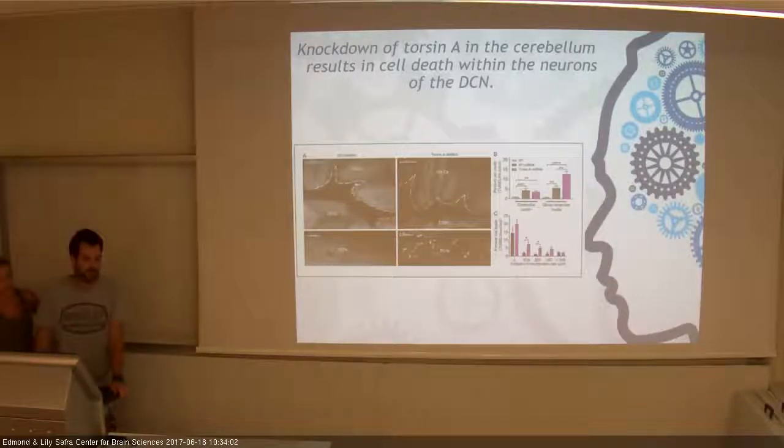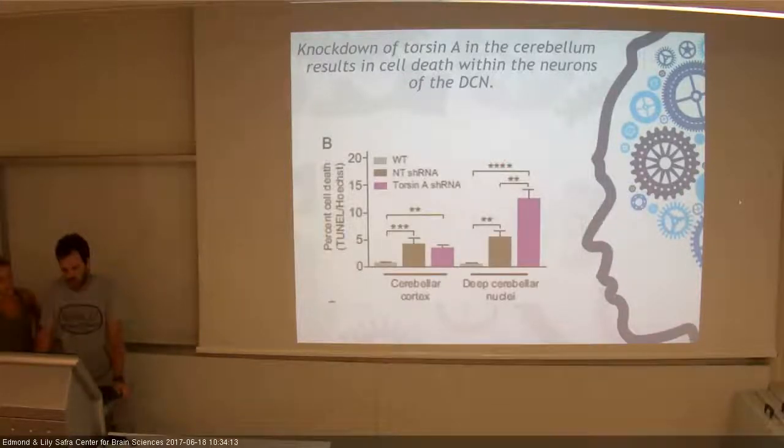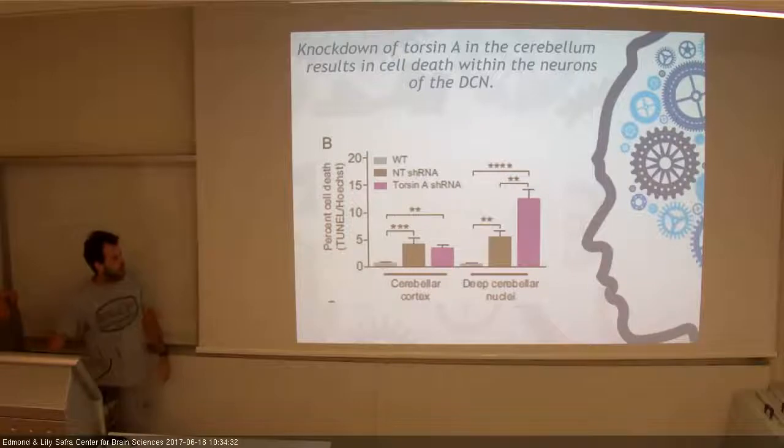Another thing that they found is that the knockdown of this torsin A results in cell death within the DCN. They show it here. Can you see? When we look at the graph, we can see that they inject and look at three groups: just a wild type, then a non-targeted short RNA, which means they did the whole injection but not the specific torsin A, and the specific torsin A. They saw that you have cell death.